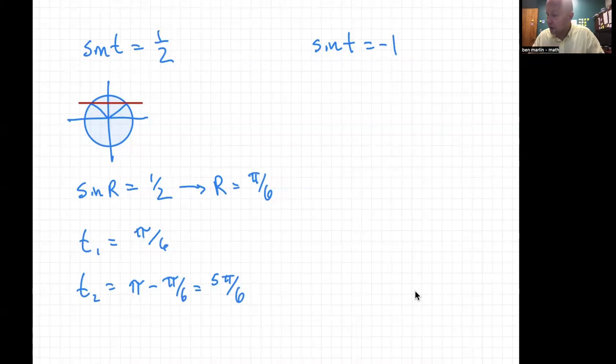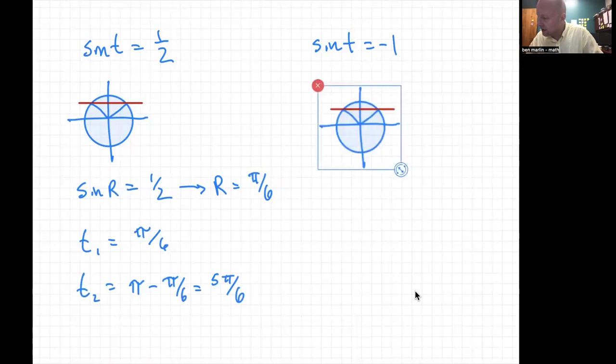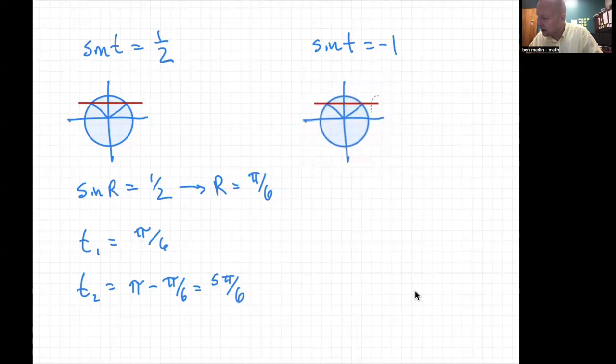The next one here, actually, can I just copy the same thing, paste it here, and then take that out? All right, so this time we're thinking about that sine t.